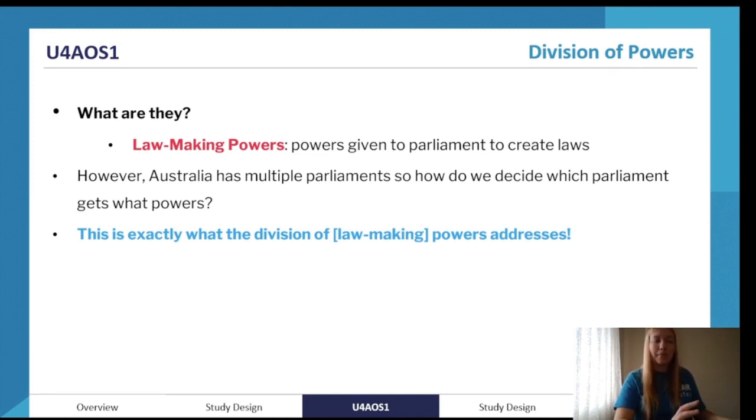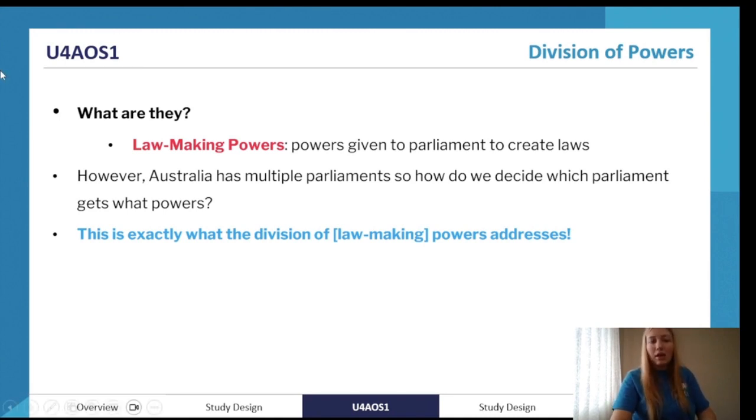Of course, in going into depth, you'd want to also be aware of the compositions of each house, how many members, how are they selected, and you also want to be able to discuss the strengths and the weaknesses or the limitations of the roles of each lower house, upper house, and the Queen's representative. So that's something to also work on.